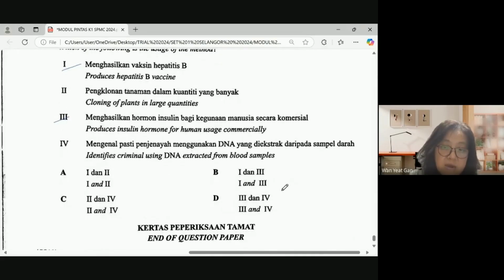So the answer is 1 and 3. Now, the cloning of plants in large quantity is actually carried out through tissue culture, while the identifying of criminals using DNA extracted from blood sample is actually DNA profiling.